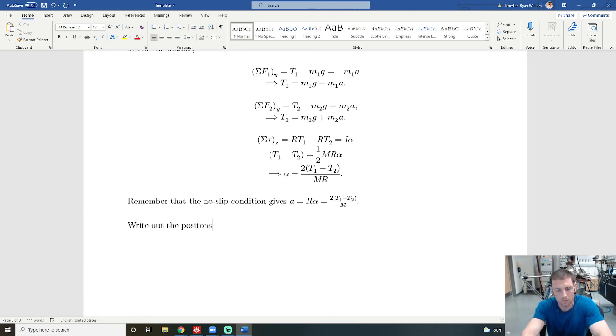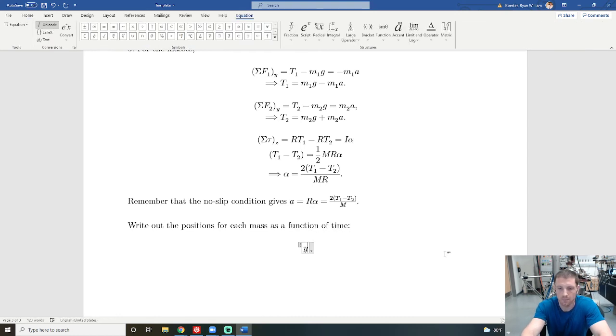the positions for each mass as a function of time. So we could write, for instance, that y1 for the mass on the left as a function of time is going to be, remembering from kinematics, well, it starts at height lowercase h, and it falls down with this kind of an acceleration.